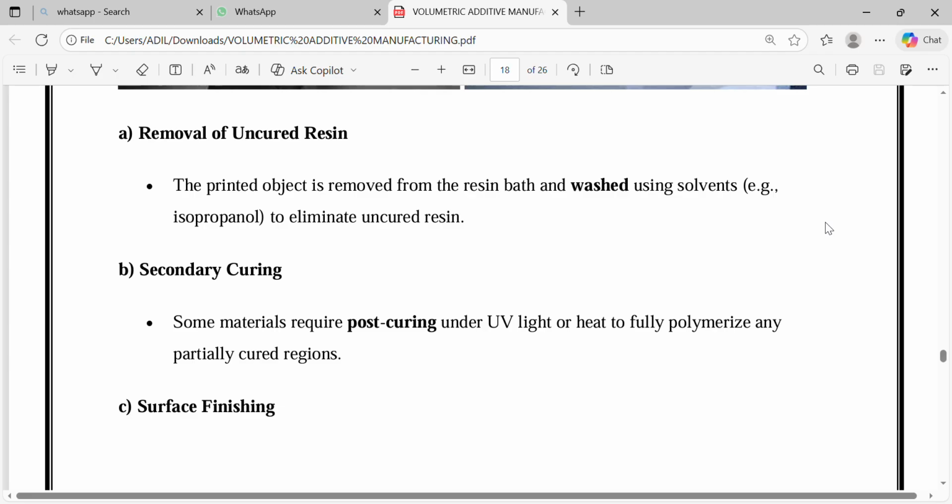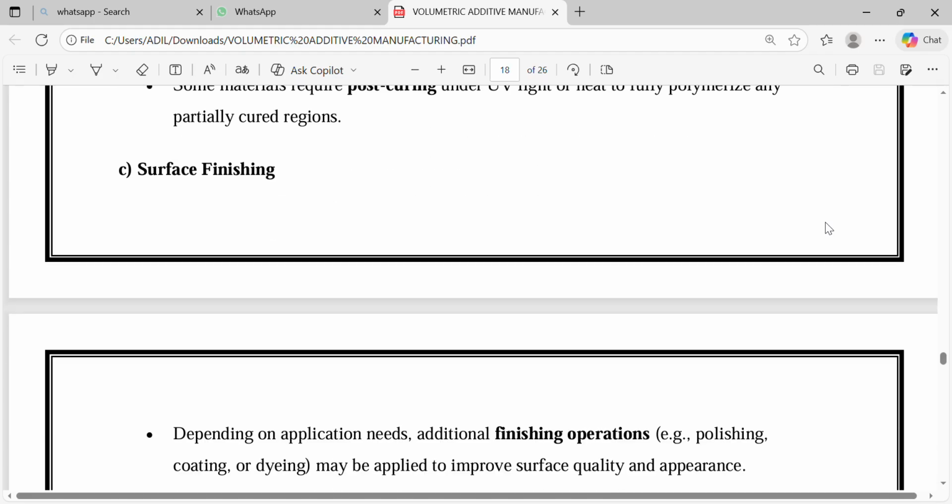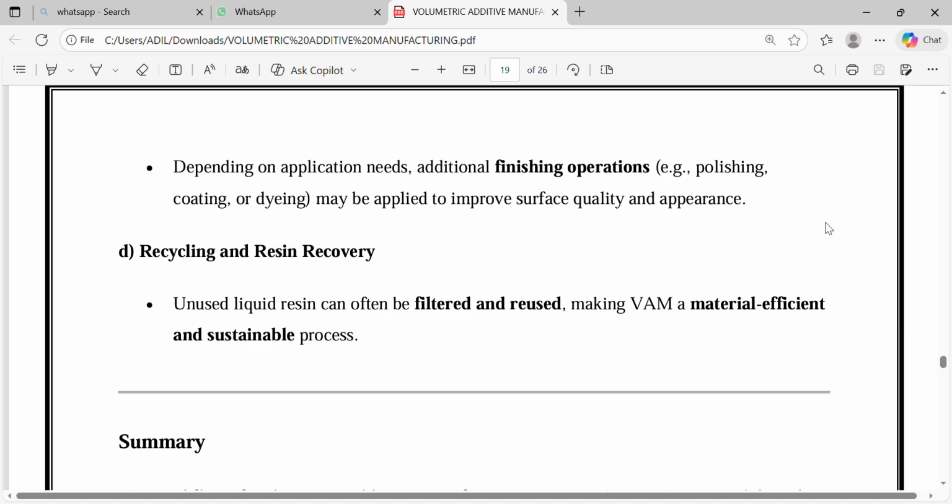Secondary curing: some materials require post-curing under UV light or heat to fully polymerize any partially cured resin. Surface finishes: depending on application needs, additional finishing operations like polishing, coating or dyeing may be applied to improve the surface quality and appearance.